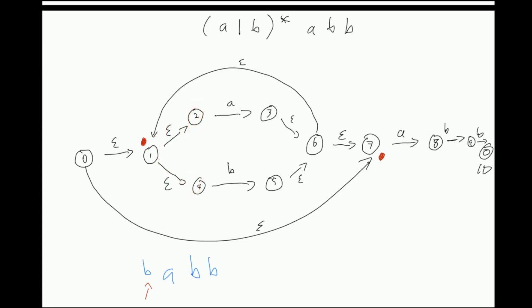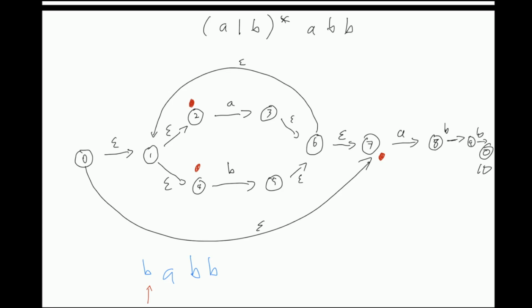So without reading any input, we can always match empty string. We'll also move to 2 and 4. Okay, any other epsilon transitions here? What's that? So 5, so what's the transition between 4 and 5? B, right, but no more epsilon transitions, right? So before we've read any characters in our input, we can already move to these states. Okay, so there are no other states we can move to with epsilon transitions.